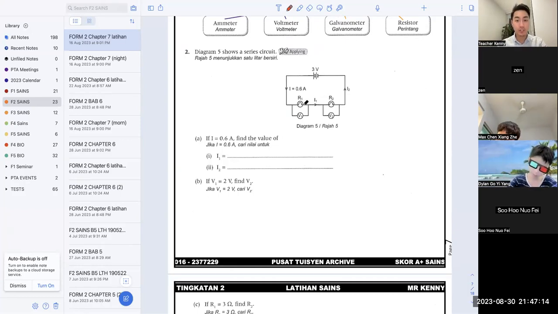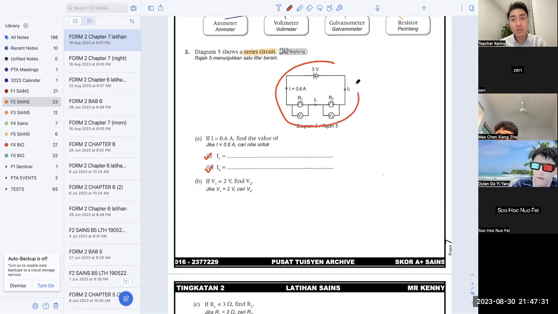Okay, let's try this question. Find the value for I1 and I2. What's the first thing first? Look at the title. Series circuit, correct? Yeah? Let me ask you guys.